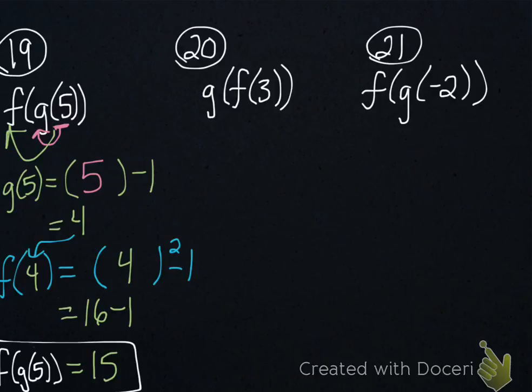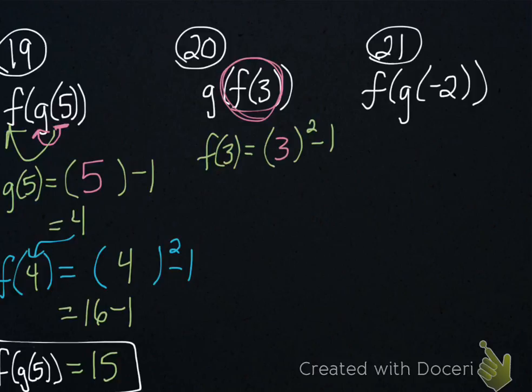Number 20. What are we plugging in? We're plugging in a 3 into the f function. That's what's in the middle. Okay, so f of 3. What was the f? Oh yeah, something squared minus 1. Let's plug in our something. 3. So 3 squared minus 1, that's 9 minus 1, which is 8.